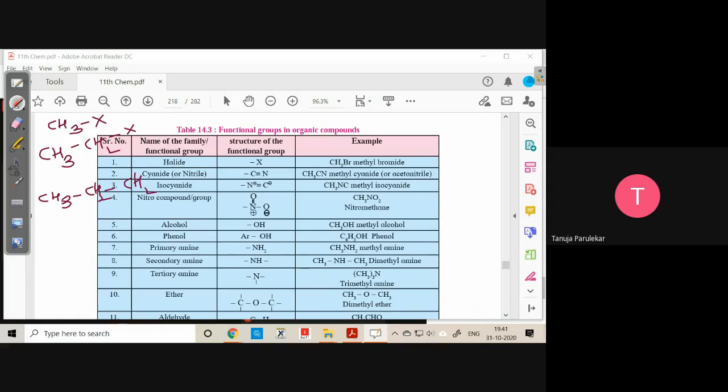CH2, CH2 and X. So you can see that now this is a family of halogens and each next homologue is differing from the earlier member by a CH2 unit. So here the functional group is X, that is the halogens. So this is a halide series. The family is the halogen family.